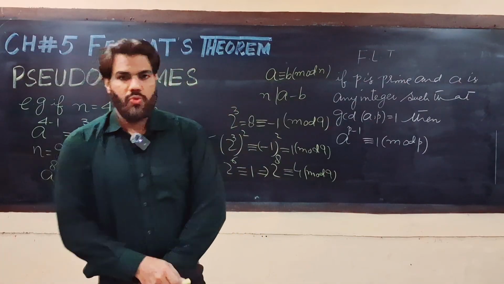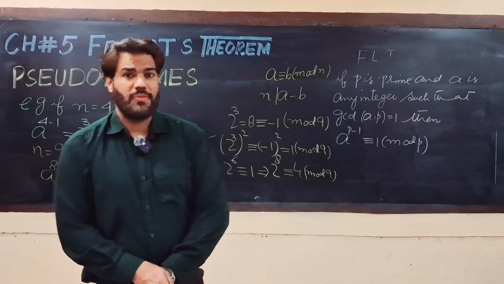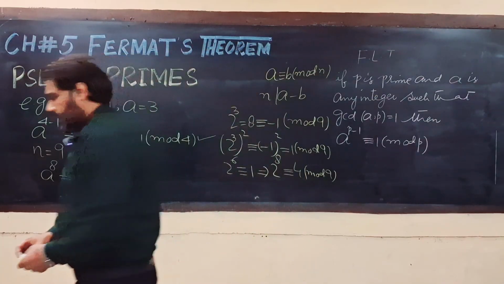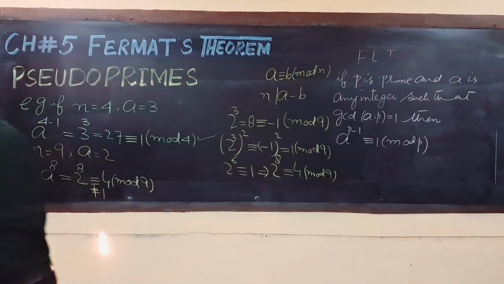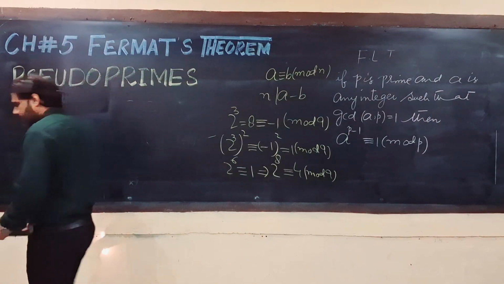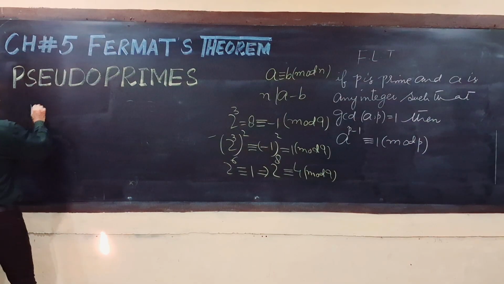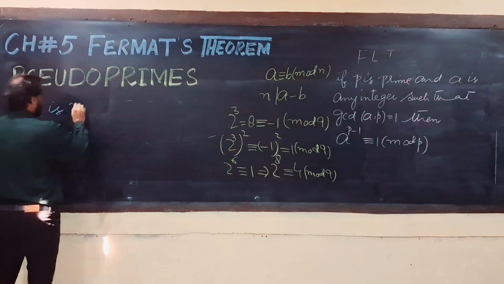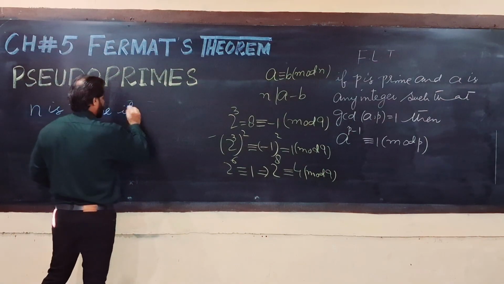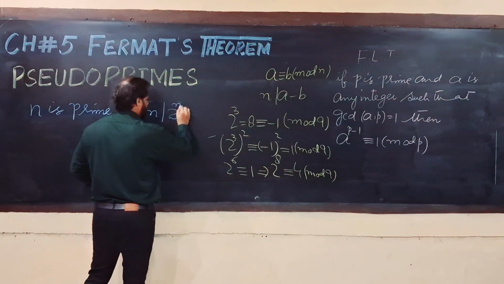Now the story of pseudoprimes starts. 2500 years ago, Chinese mathematicians claimed that an integer n is prime if and only if n divides the number 2 raised to power n minus 2.